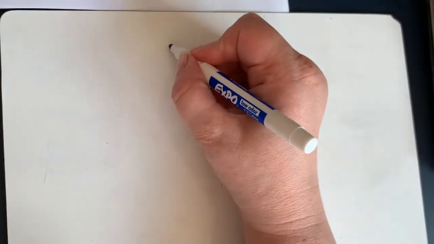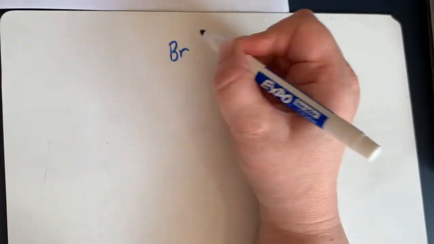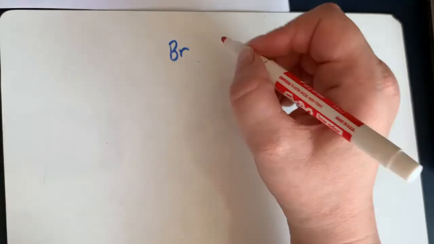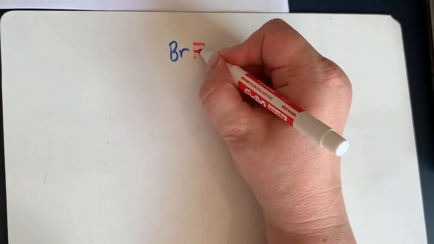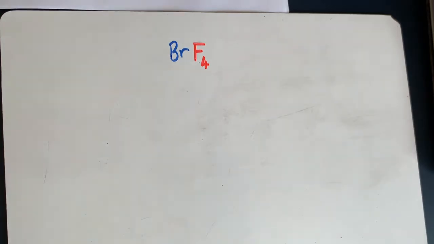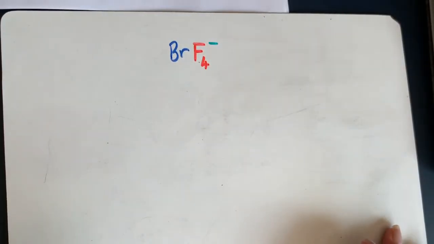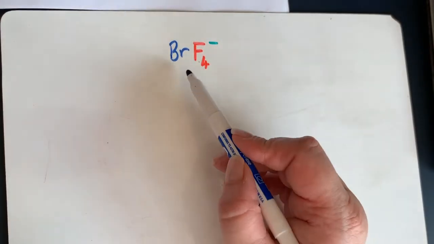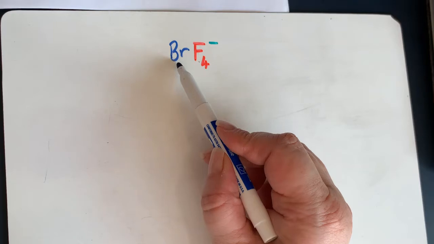The second one I'm going to have a look at is BrF4 negative. So again, this one is really strange, because this looks like, what is going on?